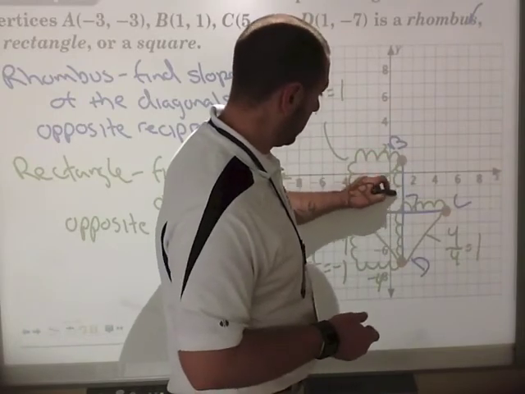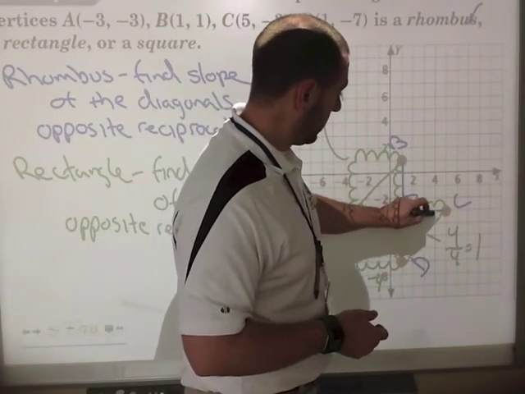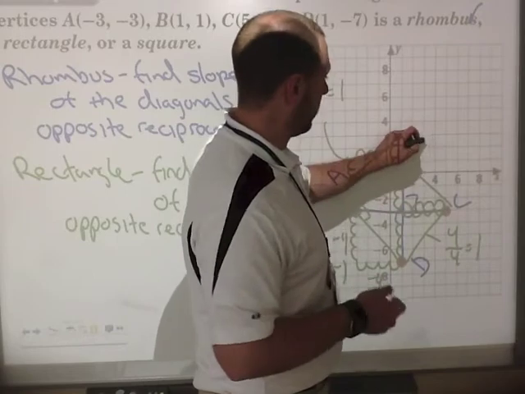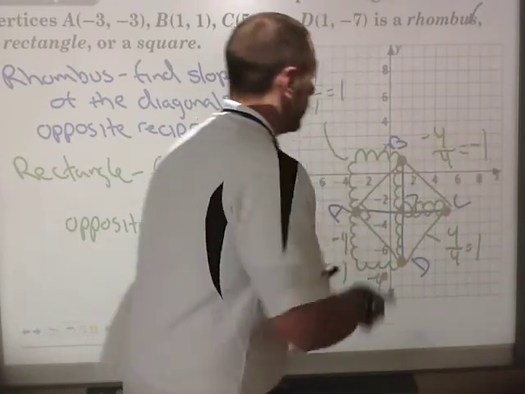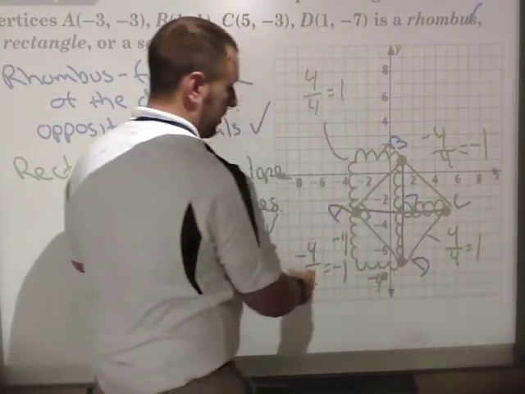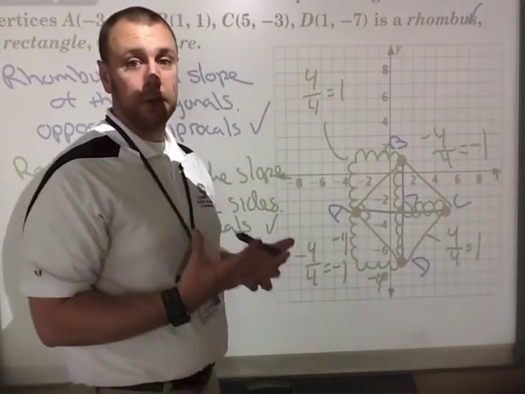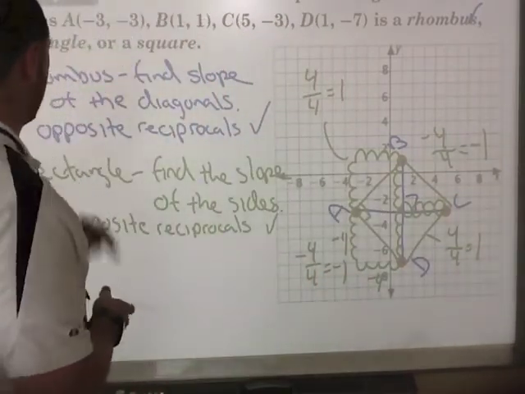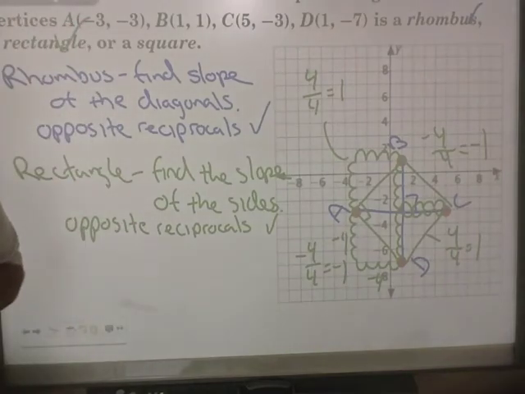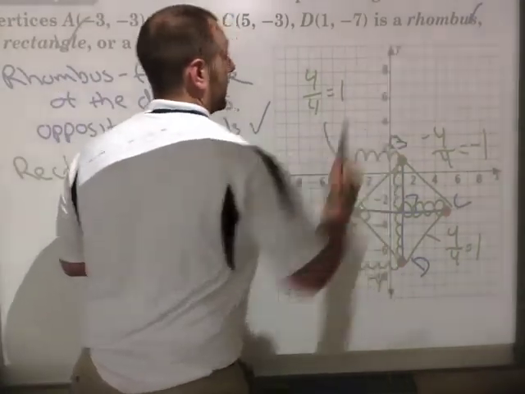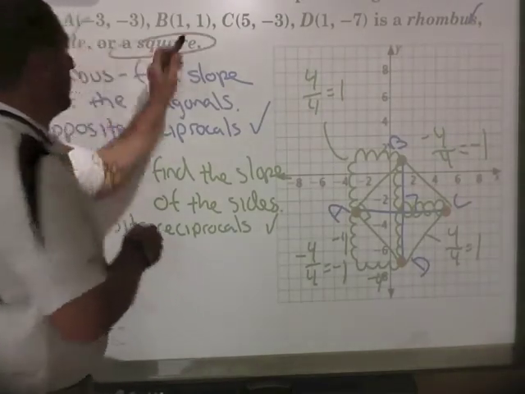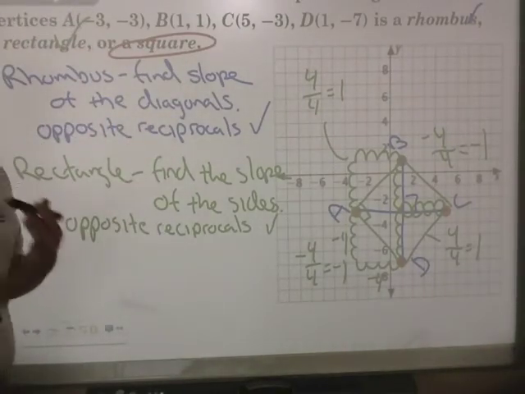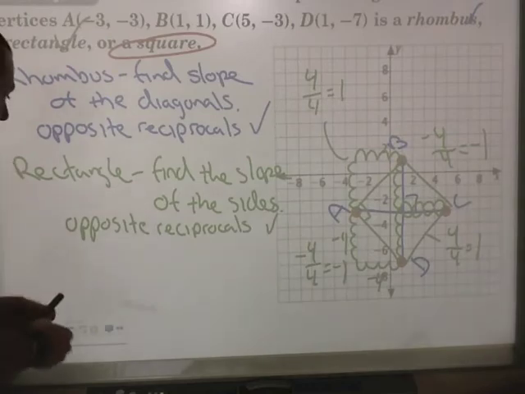And this has a slope of negative 4 over 4, which is negative 1. So each one of these sides is an opposite reciprocal. So it is a rectangle. And if it's a rhombus and a rectangle, then it's a square, because it fits both of those definitions.